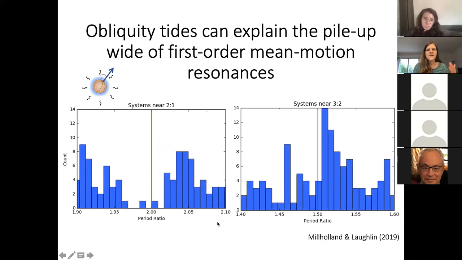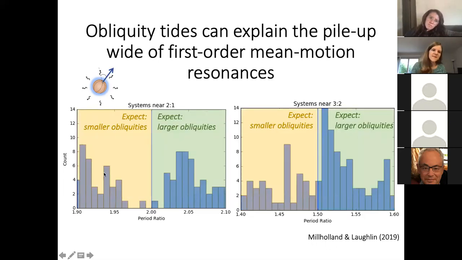Our hypothesis predicts that planets wide of these resonances should have slightly larger obliquities than planets just inside of the resonance. But so now, if these planets are experiencing tidal heating on a stronger magnitude due to their larger obliquities, then we would expect that this intensified heat deposition within their interiors could puff up their atmospheres and lead to some amount of radius inflation.